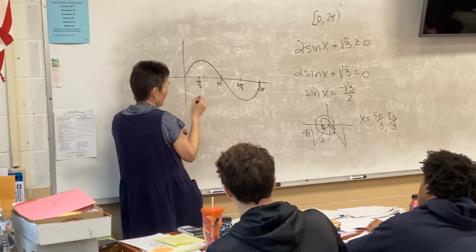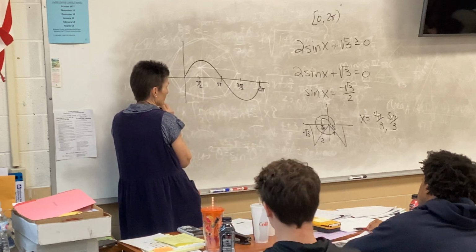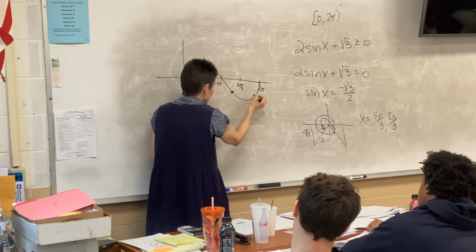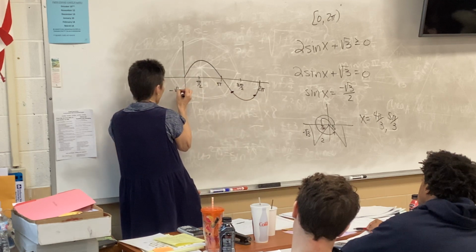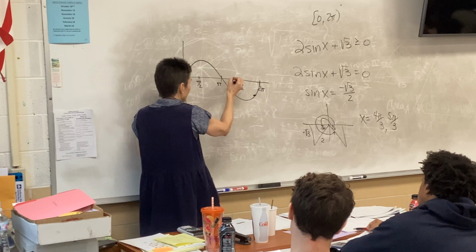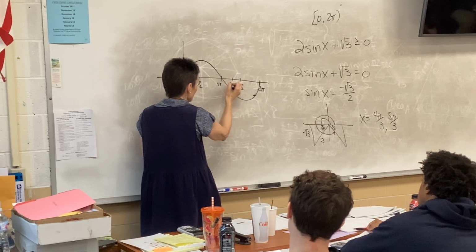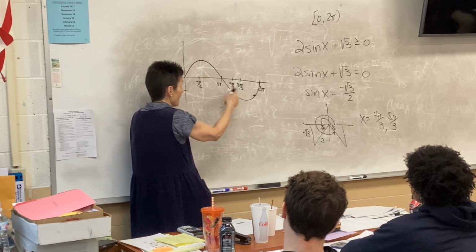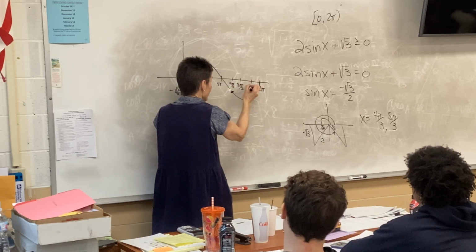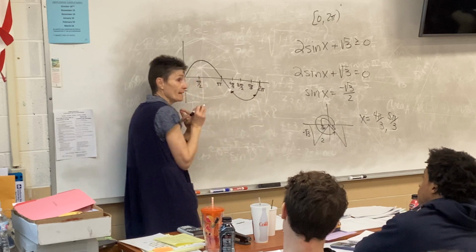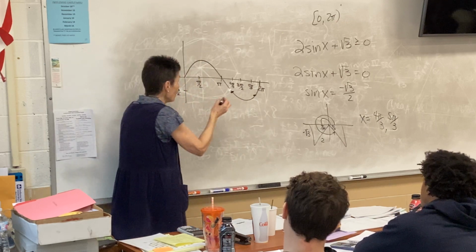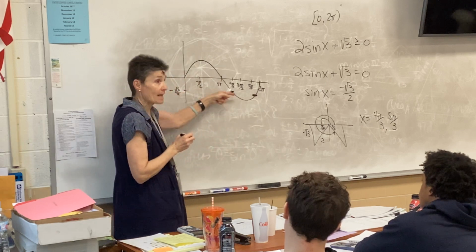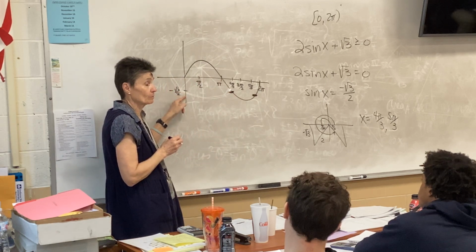And there are two places on there, namely right here and right here, where the sine is negative root 3 over 2. Right here at 4 pi over 3, that's 1 1/3 pi. And this is 5 pi over 3, which is 1 2/3 pi. Those are the two places where the sine is exactly negative root 3 over 2.